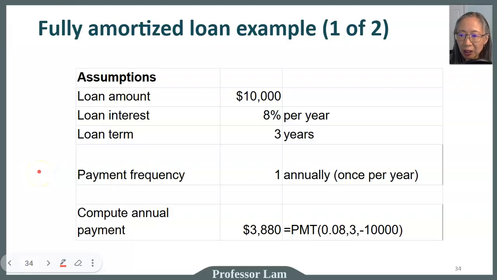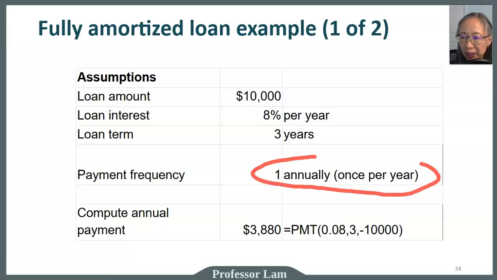In this particular example, we make the payment frequency once per year to simplify the calculation, but the basic principle remains the same. The loan amount is $10,000, so this is the original loan amount. The interest rate is 8% per year, and the loan term is 3 years.